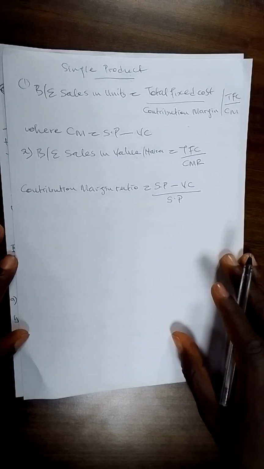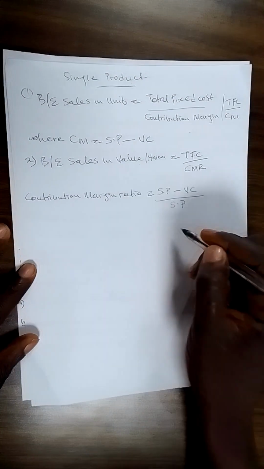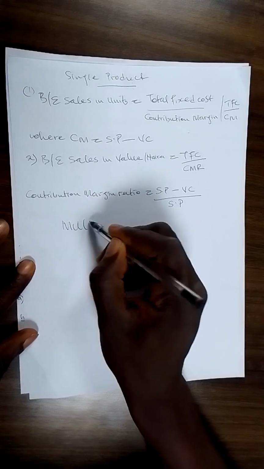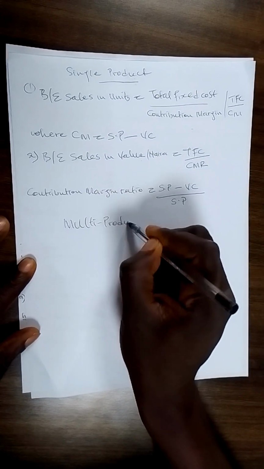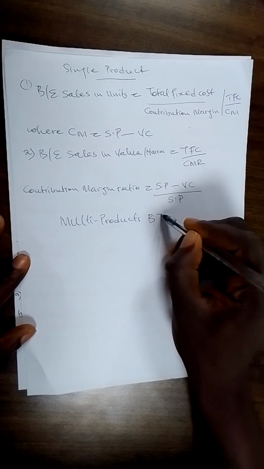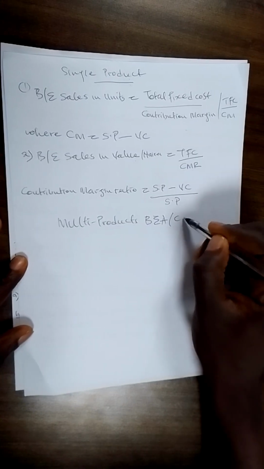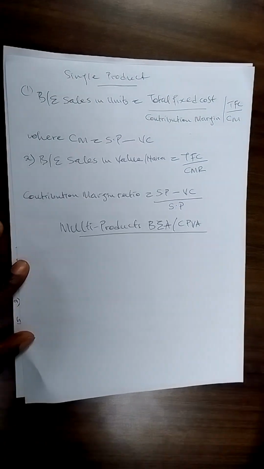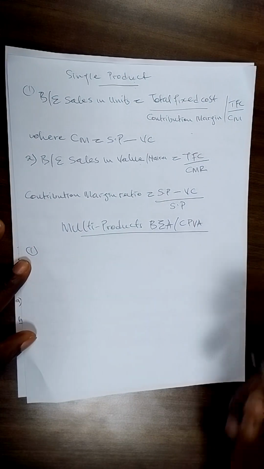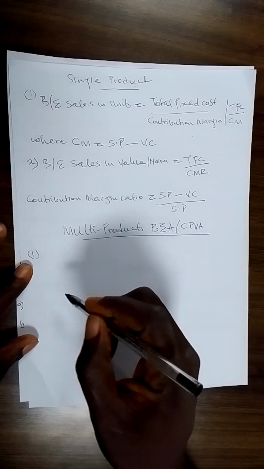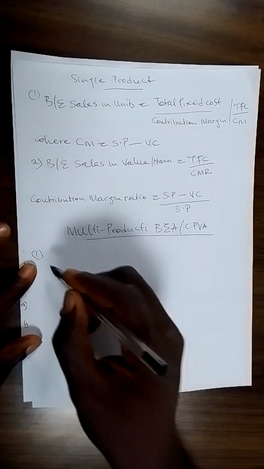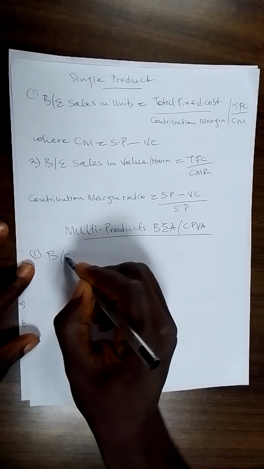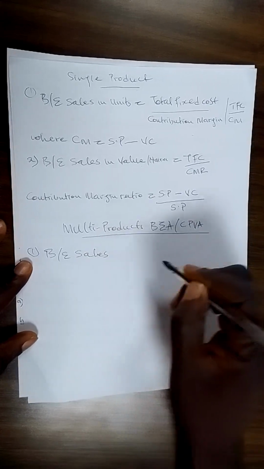But where a company produces two or more products, that is multi-product break-even analysis, or CVPA, and we are asked to compute the break-even sales in units and in naira, the formula will be different.